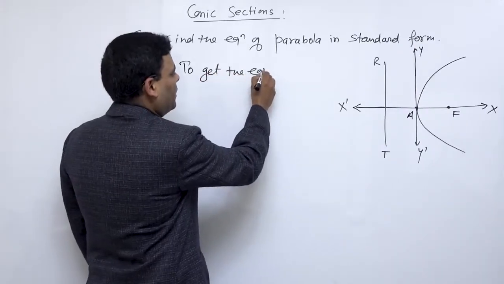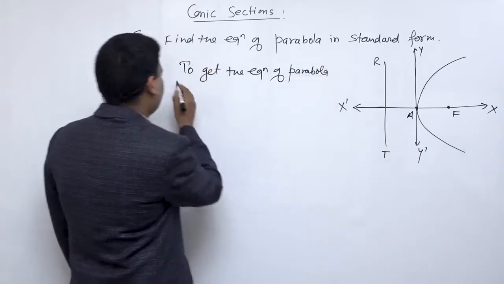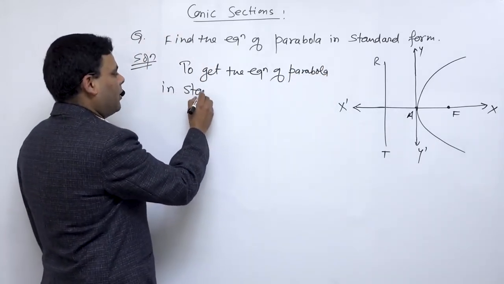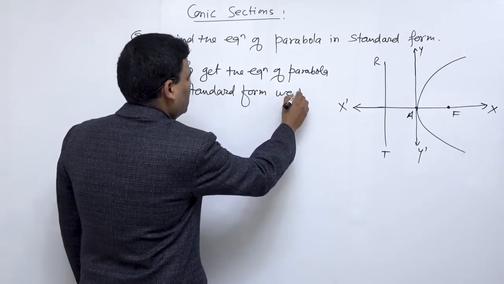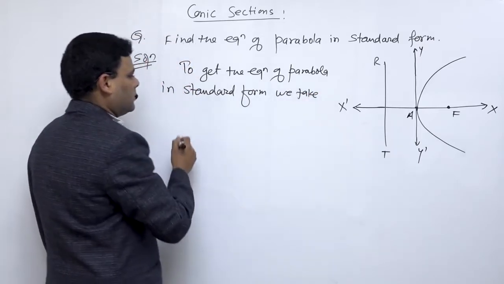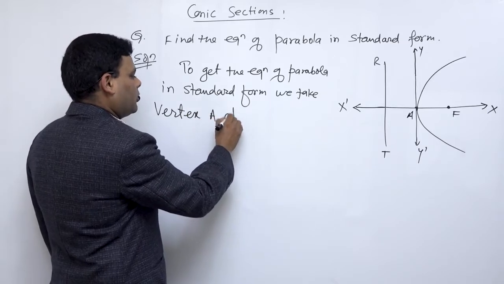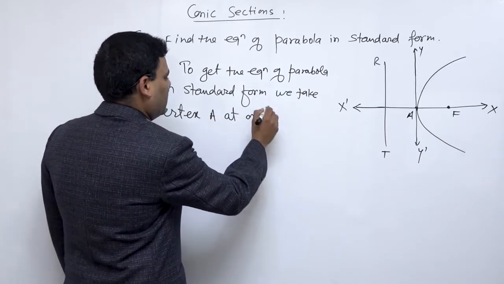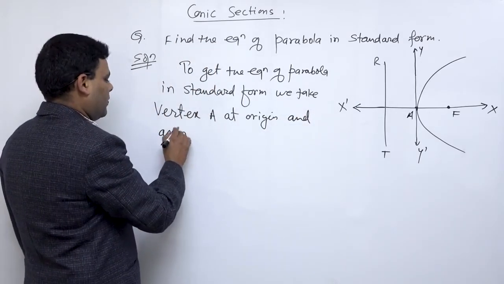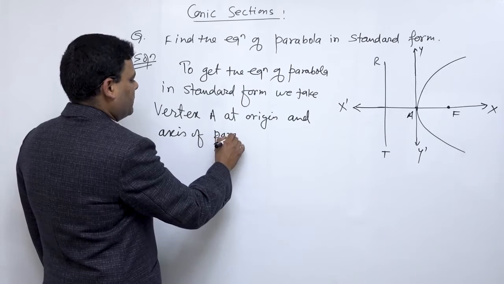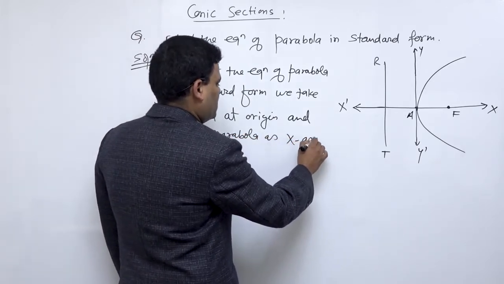So we can write, to get the equation of parabola in standard form, we take vertex A at origin and axis of parabola as x-axis.